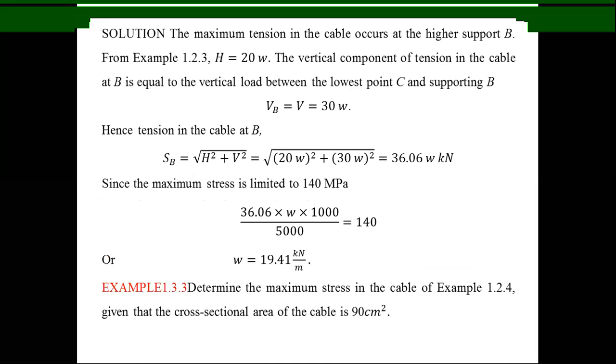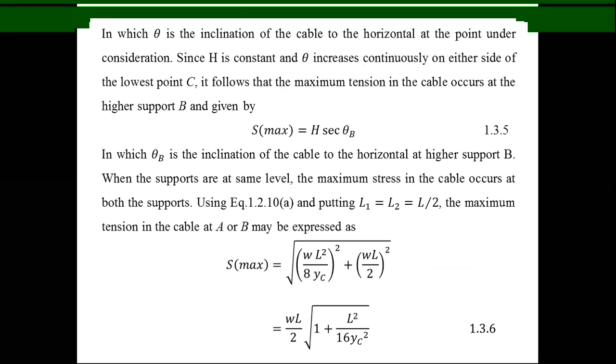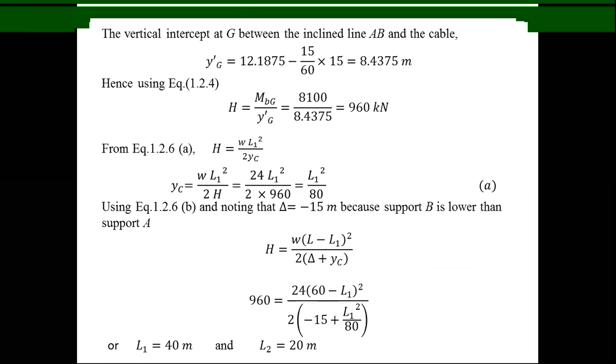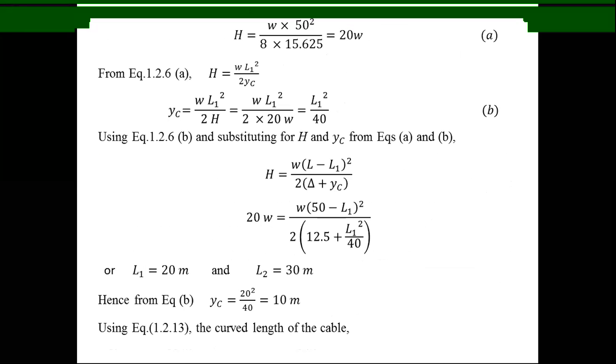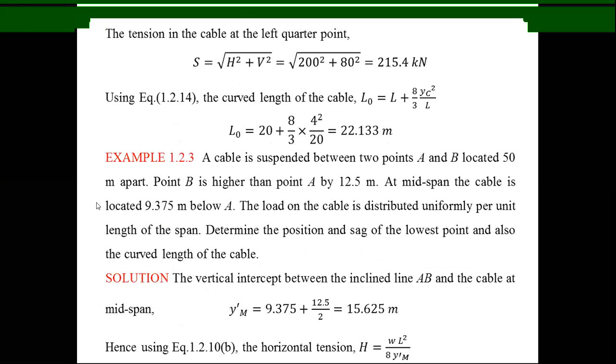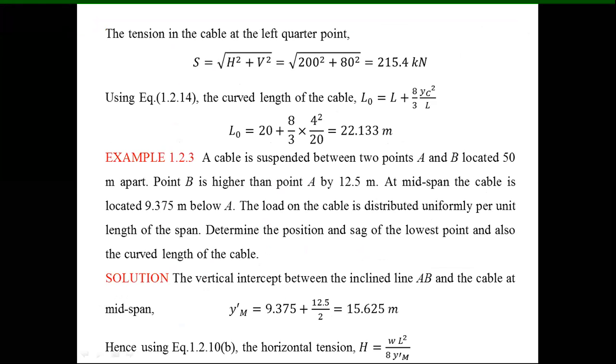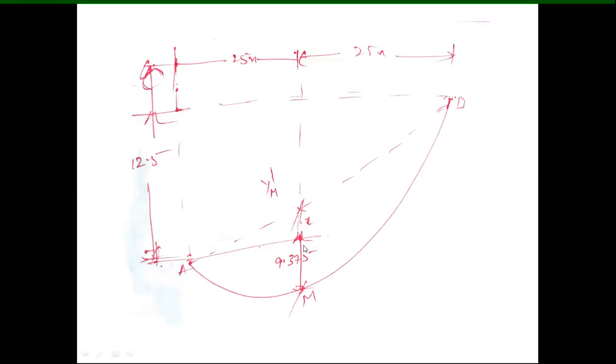So see here, in example 3, H is already equal to 20W. What did you calculate in the third problem? I will go for the third problem. See here, I explained the third problem a lot, with effort. Find the y dash maximum, y dash m, which is calculated like this. Calculate the x value and add it to this, that is called y dash m.